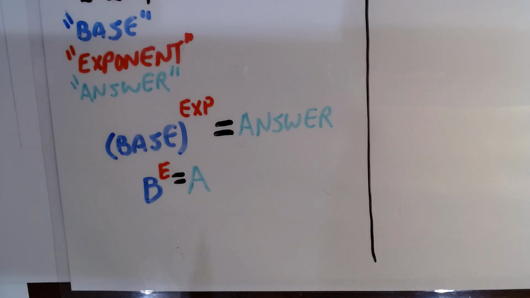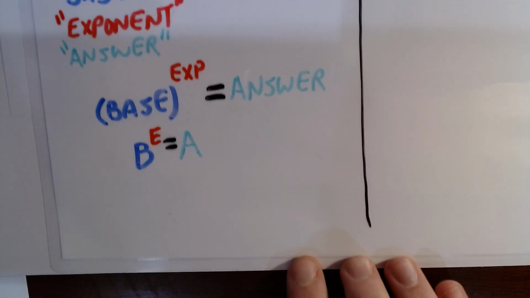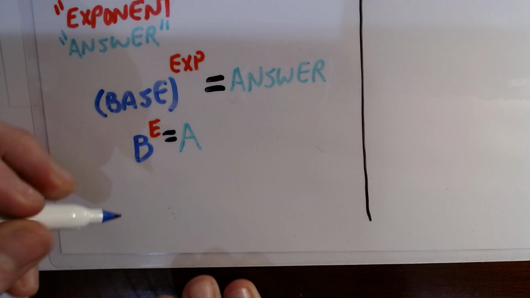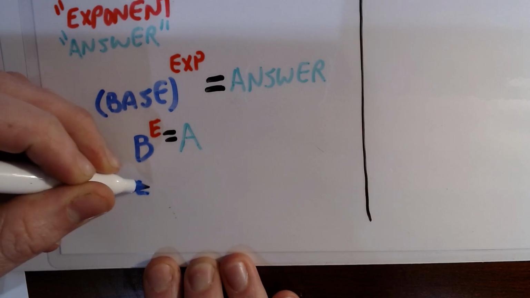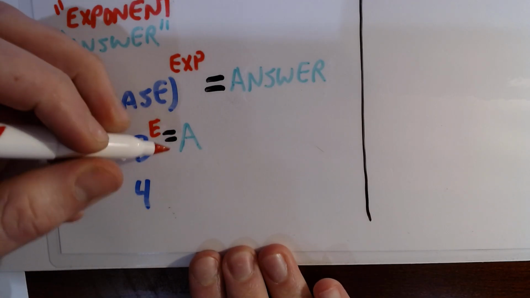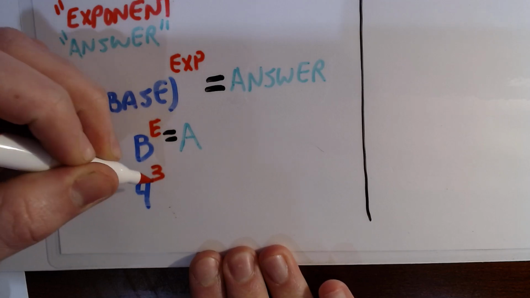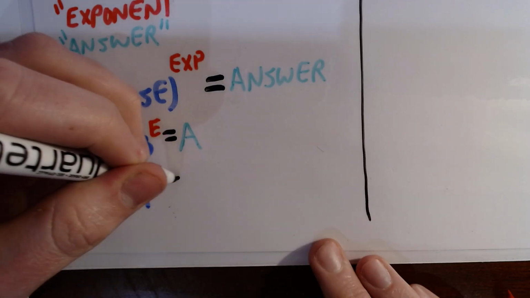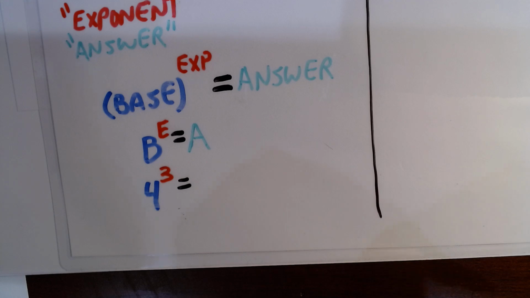Briefly, before we move on, just to make sure we cement these concepts and have a solid foundation, let's do one quick example. Let's write down a base of 4, and that has an exponent of 3. We want to see what that answer is.